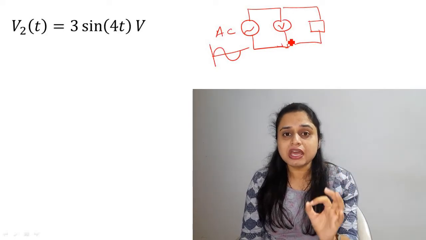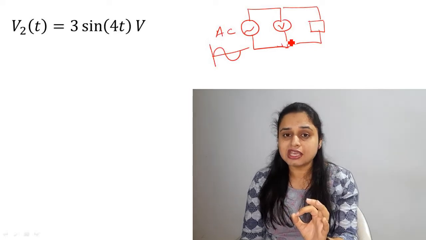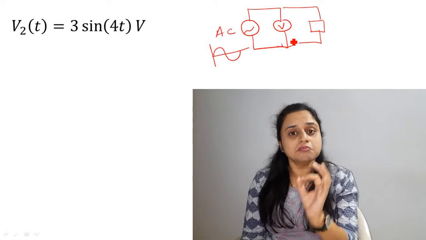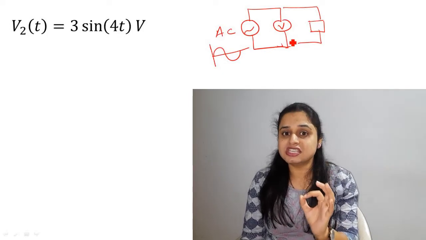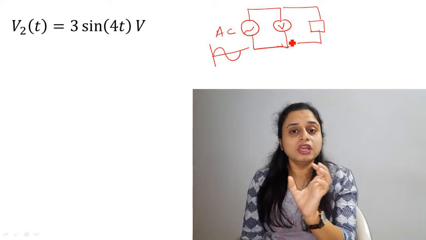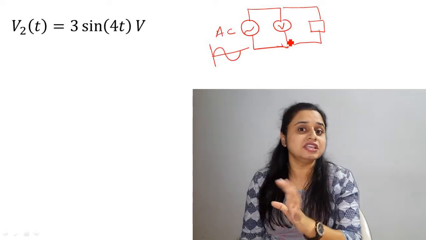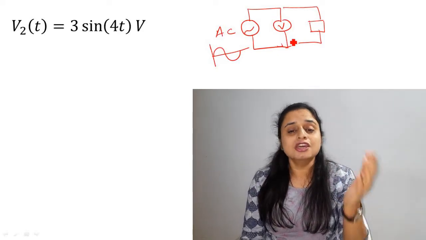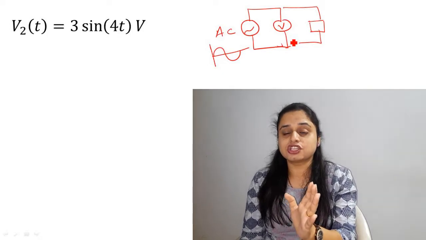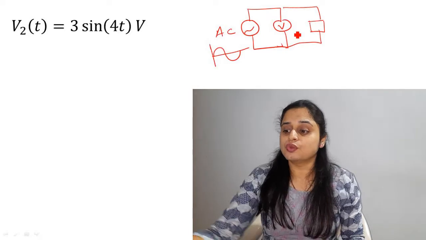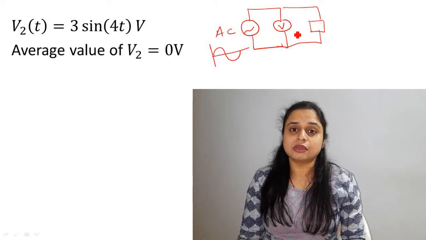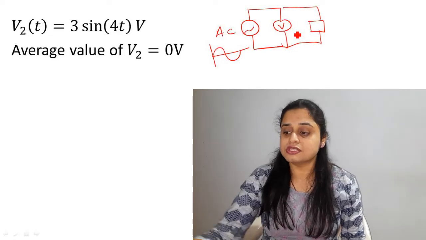Whenever the AC supply is given, the PMMC meter reads 0. And we know that PMMC only works for DC, not for AC. So the meter pointer will not show any deflection. Here you can say that the average value of V2 is 0 volts.